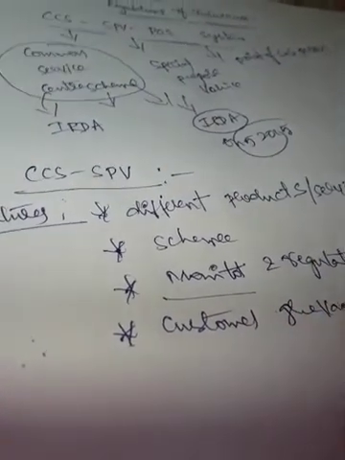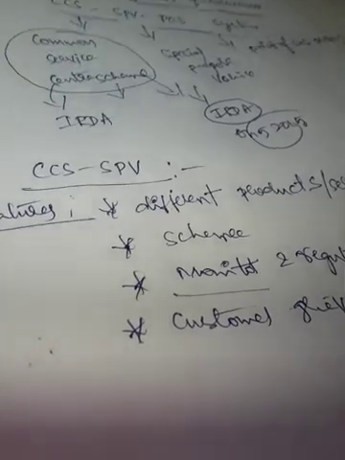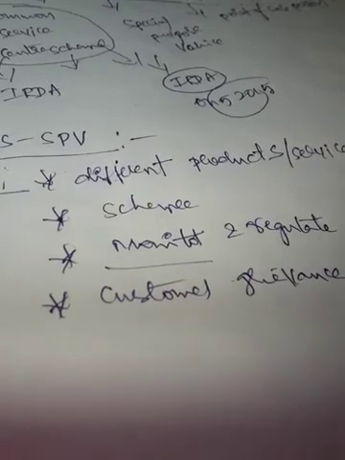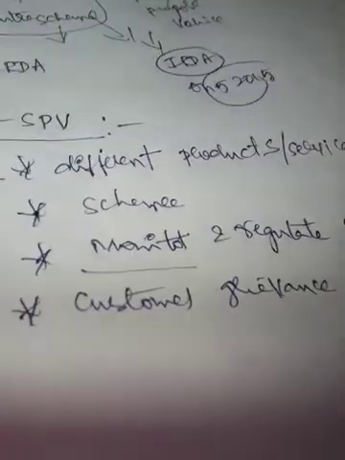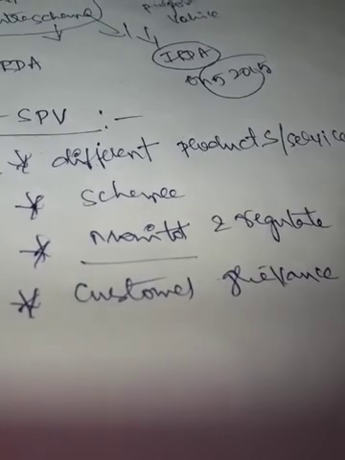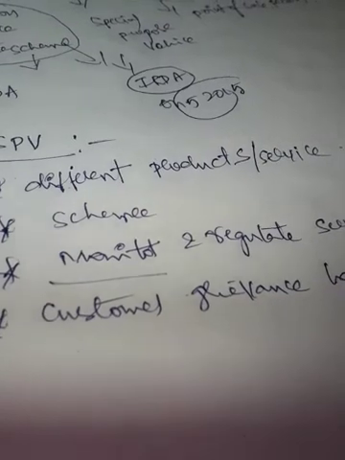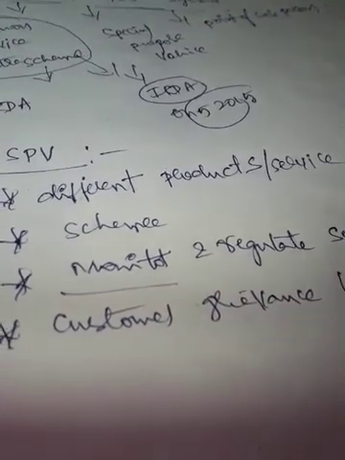Customer grievance handling procedure means whatever problems we get through taking insurance policies, through the CCS and SPV system, whatever problems are there for customers, right? So the procedure of handling customers is completely under the regulations of the CCS and SPV system only.